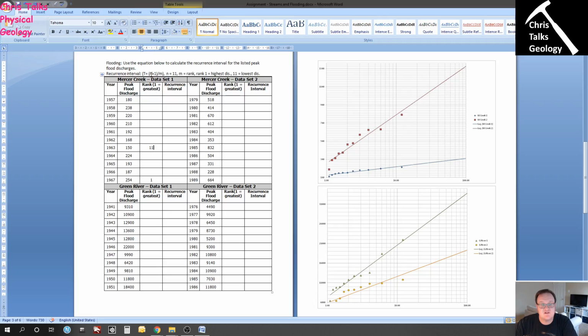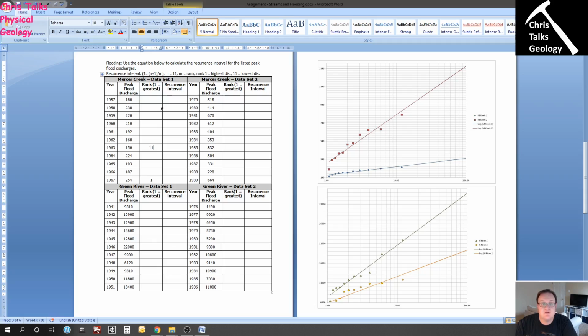So n is going to be 11 plus 1. Then, once you've done that calculation, you're going to divide by m, and m is your rank. So whatever number you have here. So for instance, for 1963, your calculation would be 11 plus 1, so 12, divided by 11.